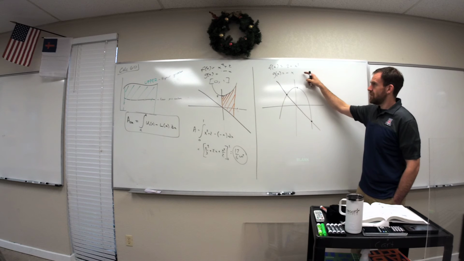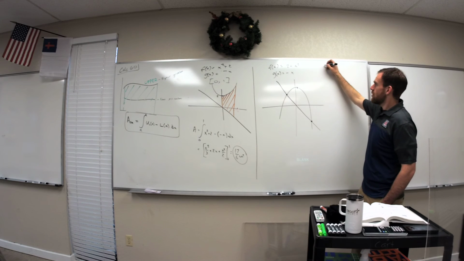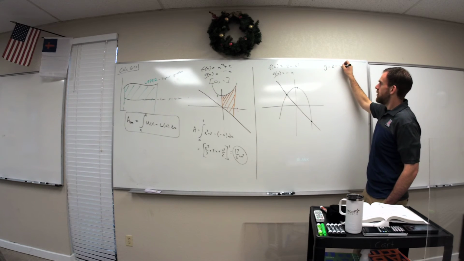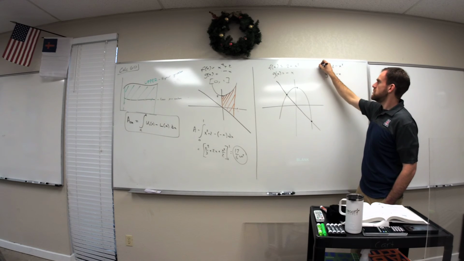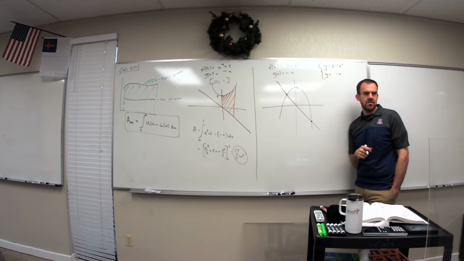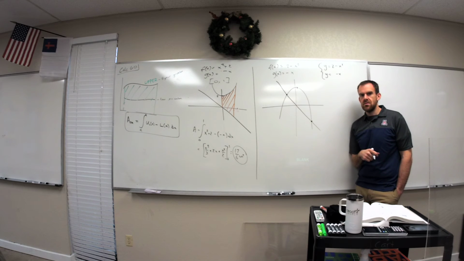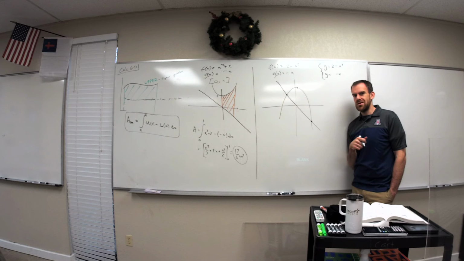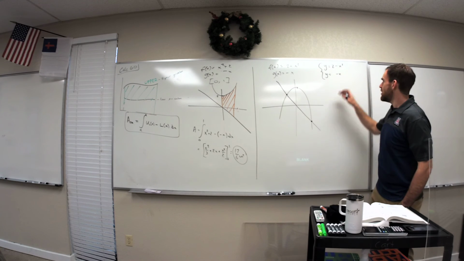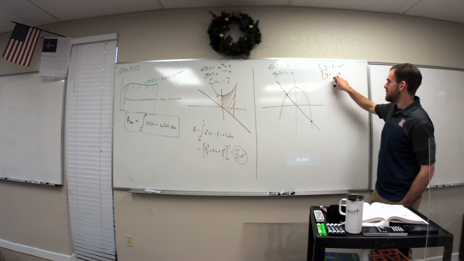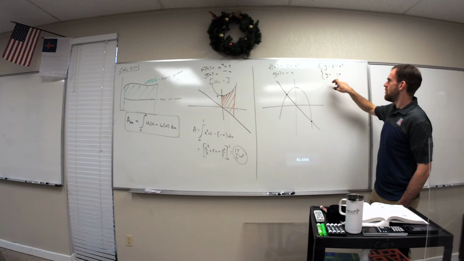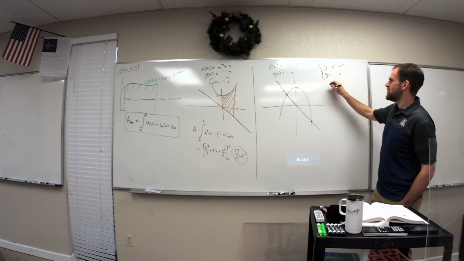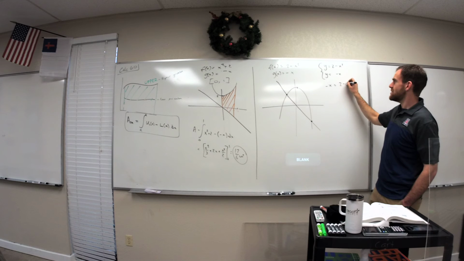Other way, and the better way, if you don't have a calculator, is you solve it, which we did in pre-calc a million times, right? Substitution or elimination. I'll substitute in negative x.